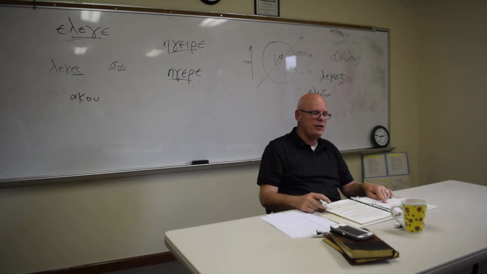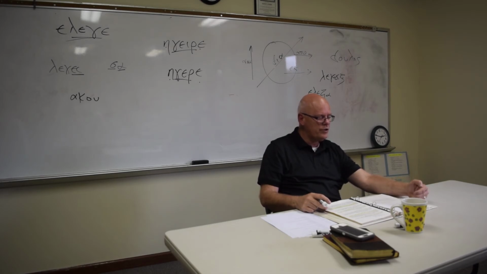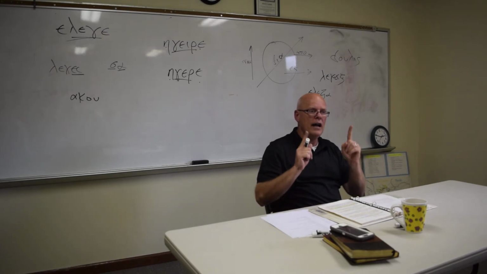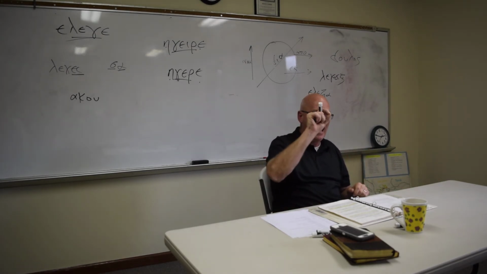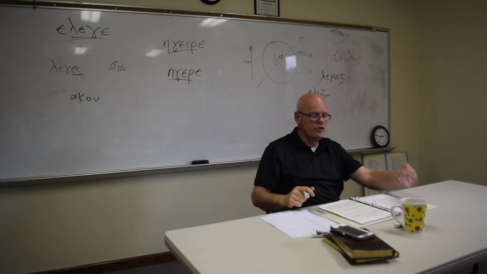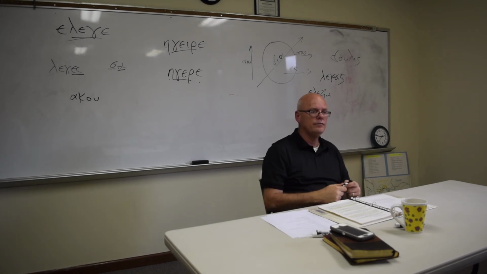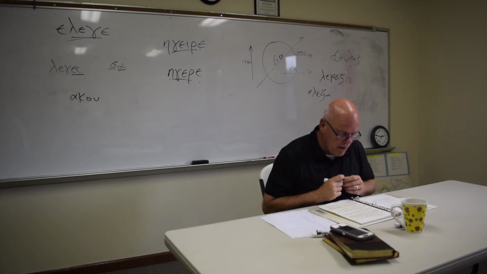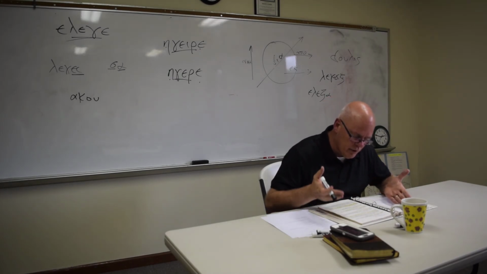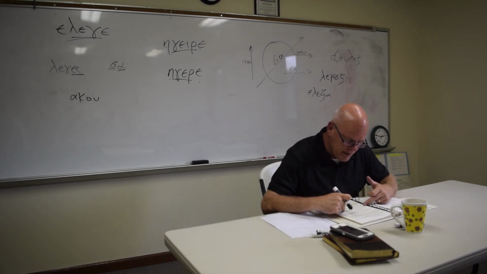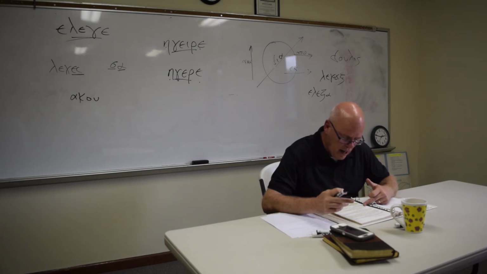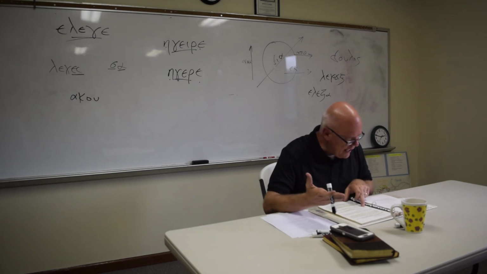You see the difference between the attributive on 106 and the predicative on 107? Okay, so just keep that in mind. If my adjective has the article, then it's attributive. If it doesn't have the article, then it's predicative. So when I want to use the first predicate position, I would say, good is the king.